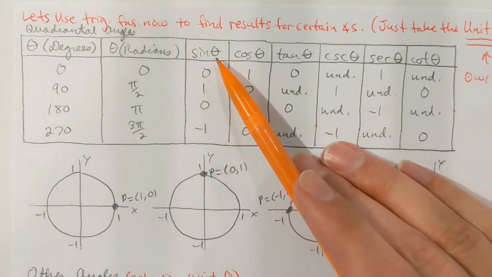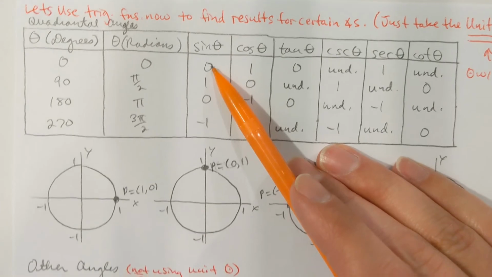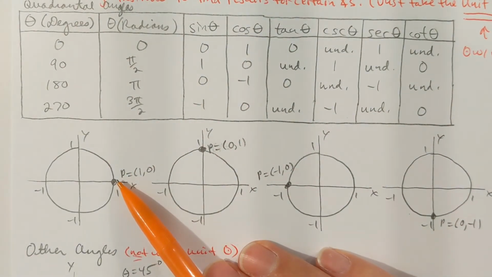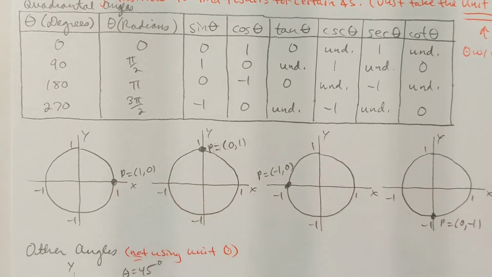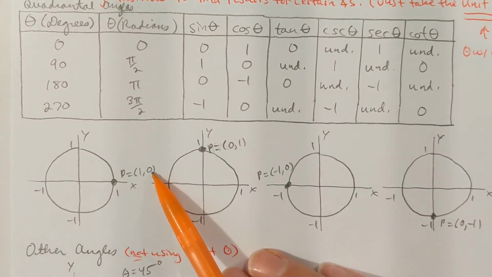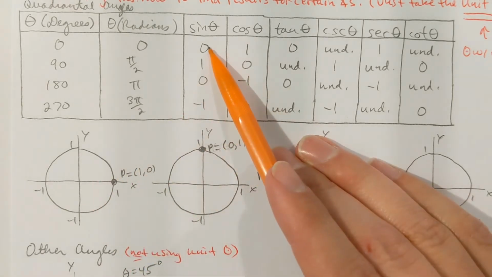And let's compute sine of 0. Okay, well, on the 0 degree axis, point P would have coordinates 1, 0. Now, sine of an angle is defined to be y over r, and so y is 0, r is 1, 0 over 1 is 0.